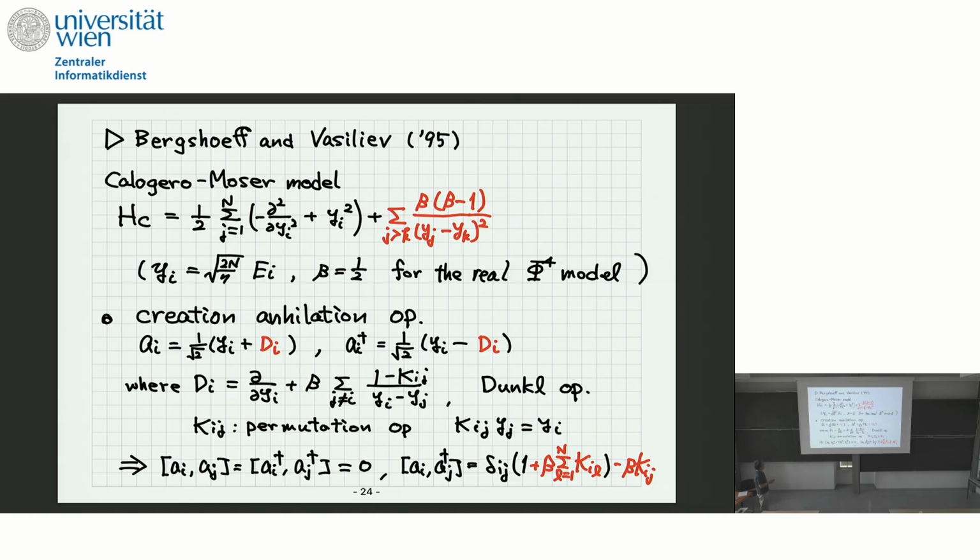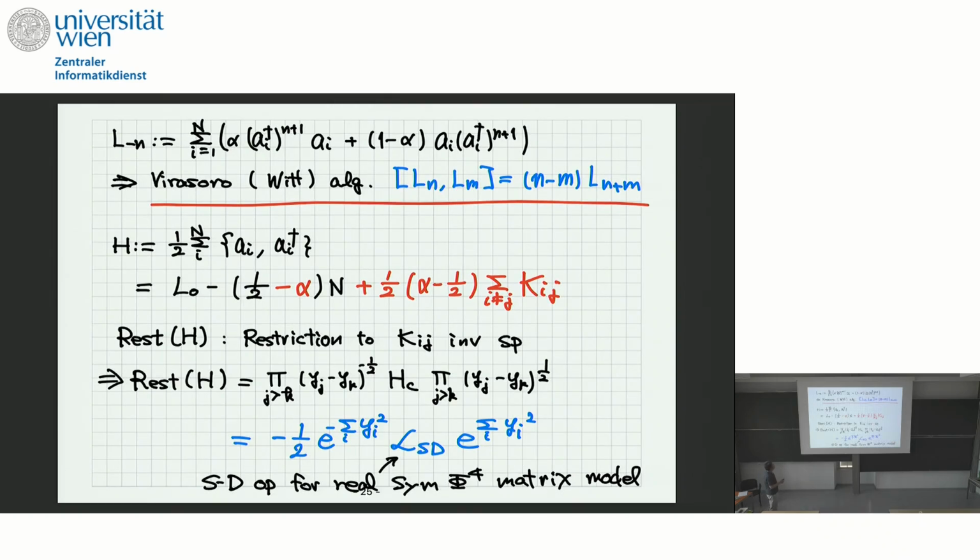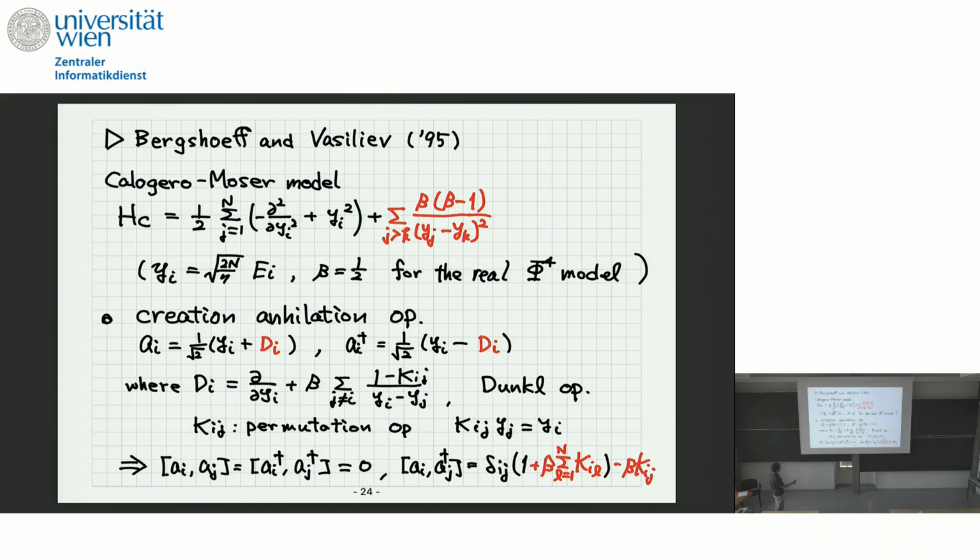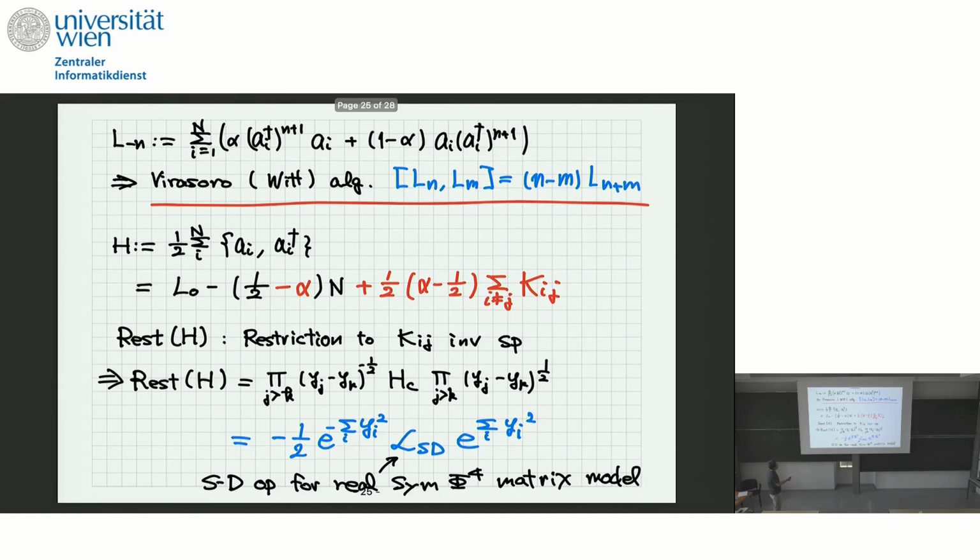Anyway, the W algebra is once again obtained by using this equation and operator. This is not the Hamiltonian, but if we introduce the h by this operator, then the h is written like this.